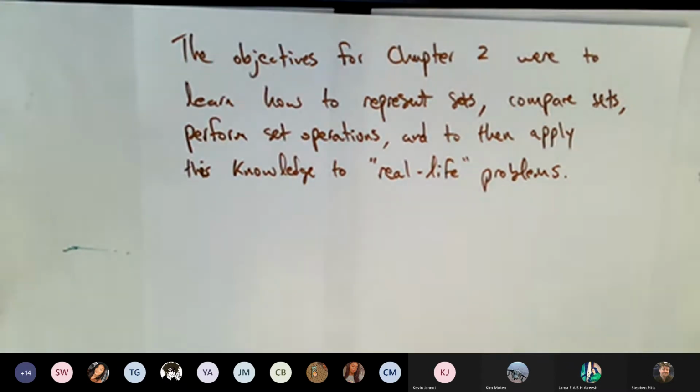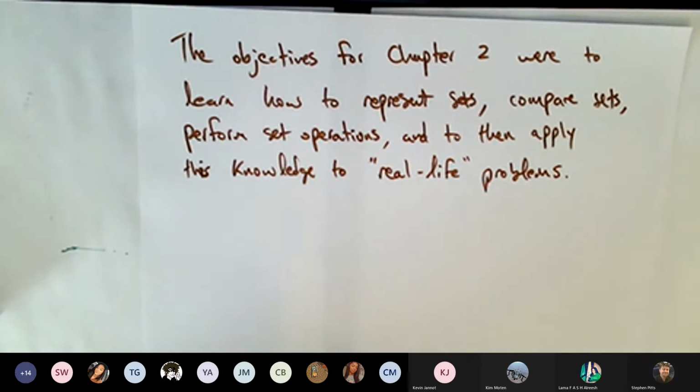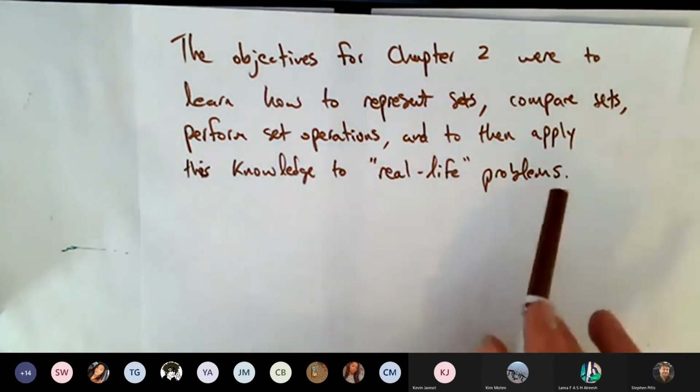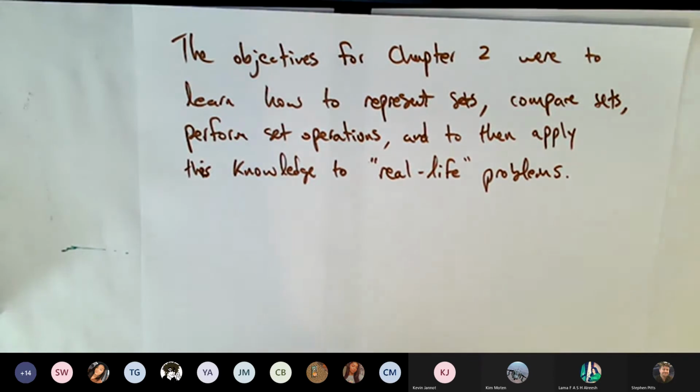But so you should come out of chapter 2 feeling like you know how to write down and represent a set in 2 ways, set builder notation and roster notation, how to compare sets with equals, the equal sign, equivalent sign, subset, proper subset notation, perform set operations, so that's unions, intersections, and also complements, and to then apply all of that stuff to those word problems that we did, mainly applying the set operations to the real life problems.